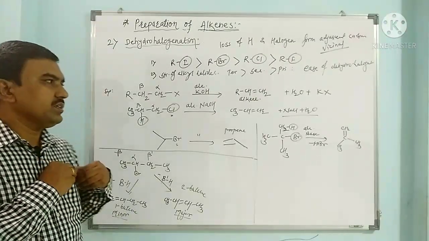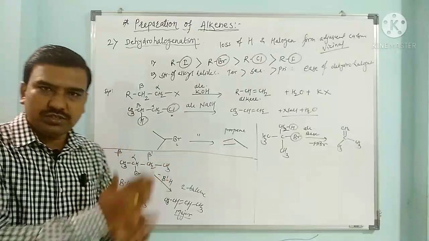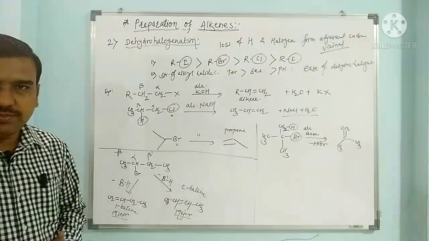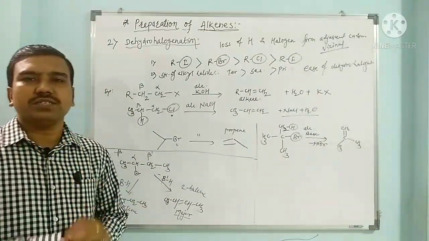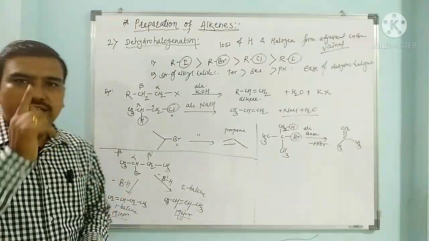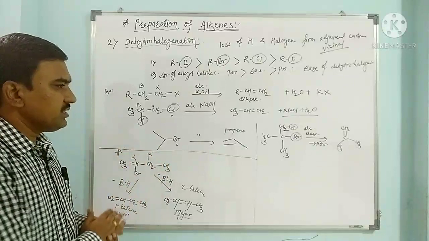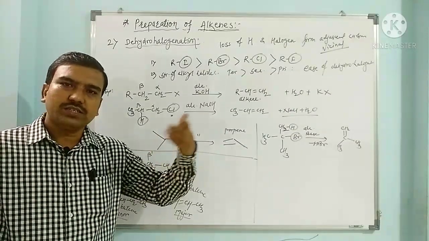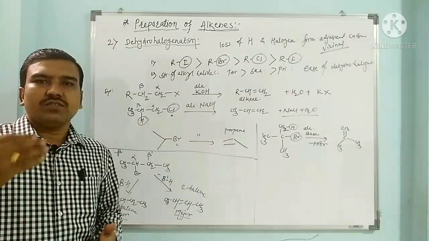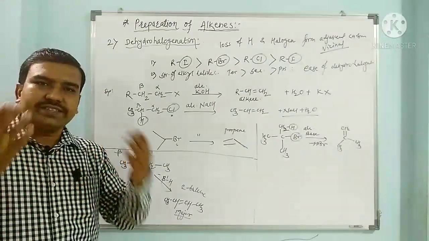In this way, we have seen dehydrohalogenation reaction, in which elimination of hydrogen halide we have discussed, loss of H and X from the adjacent carbons, vicinal carbons. Hence this elimination is also known as beta elimination. We will discuss this beta elimination along with its different mechanisms in the next lecture.